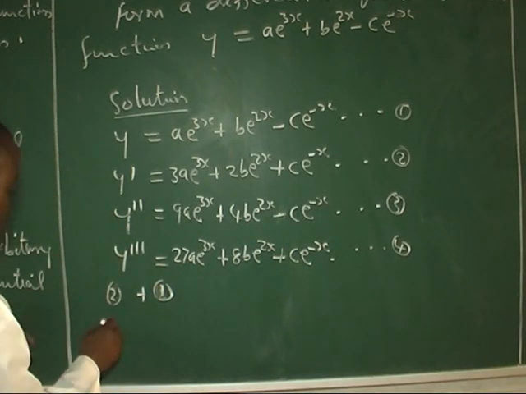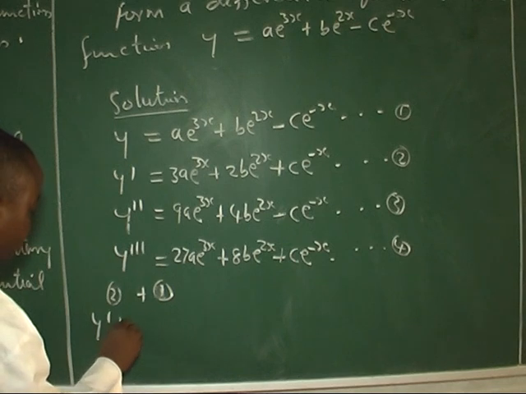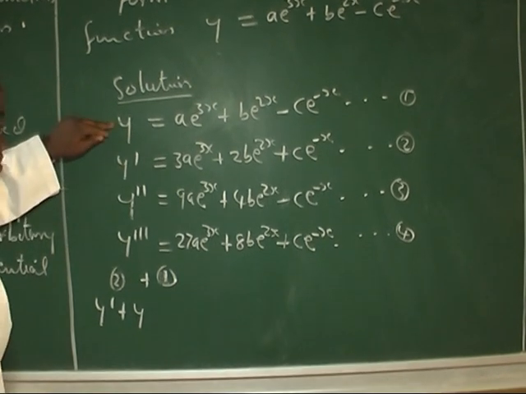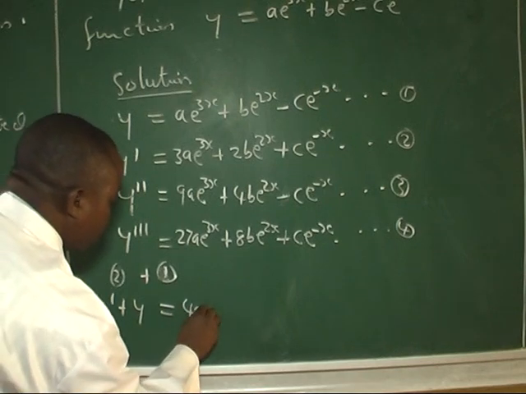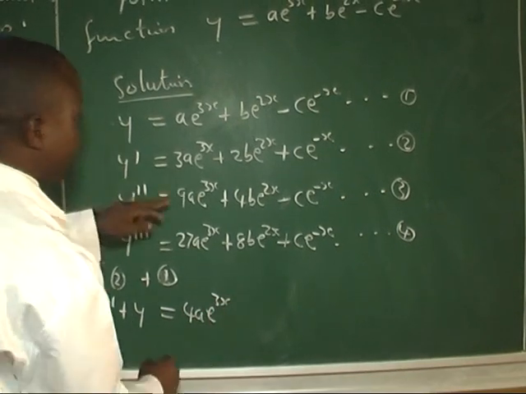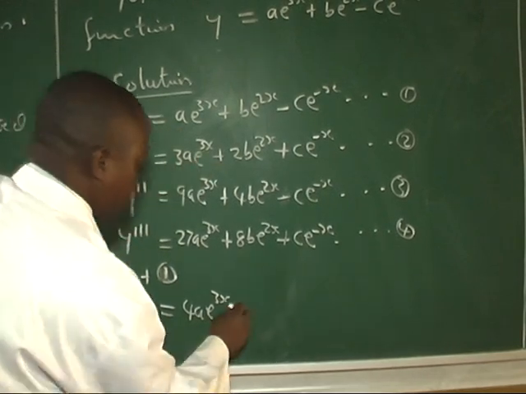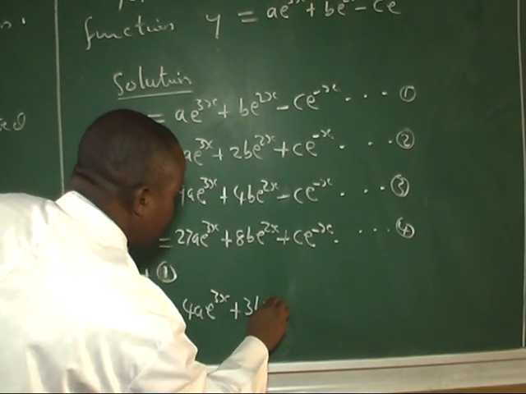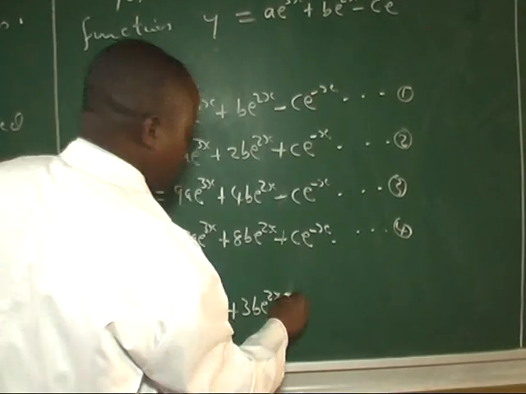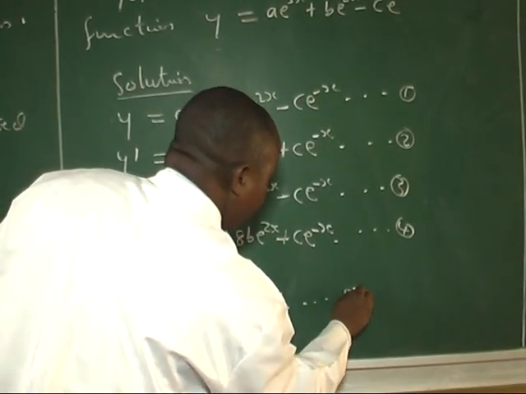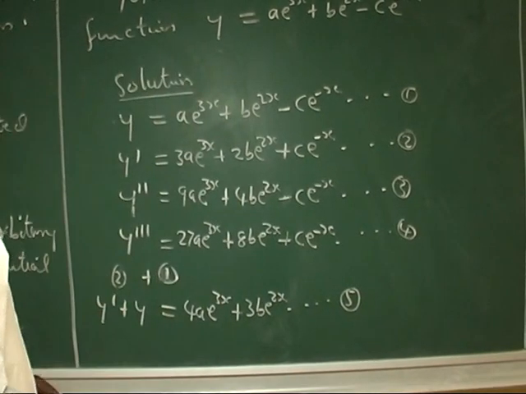Equation 2 plus 1 will have y prime plus y, that is this plus this, equal to 4a e^(3x) plus 3b e^(2x), and then this will go. So we have equation 5.